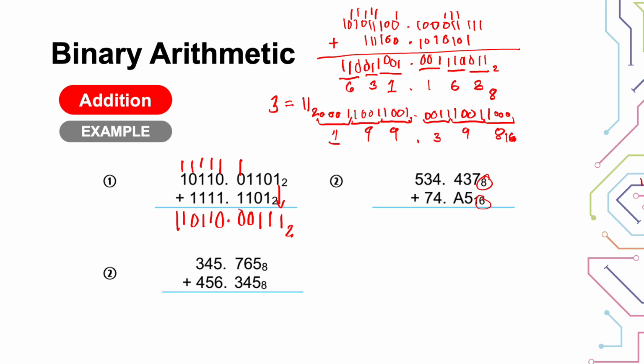So ito din. Pero pwede ba diretsuhin? Pwede, actually. So, for example, ito 10. So, 10 minus 8, that's equivalent to 2. Then, carry 1. So, ganun ha. So, diba, 5 plus 5 is equivalent to, that's 10.